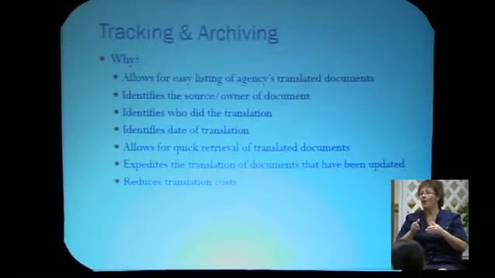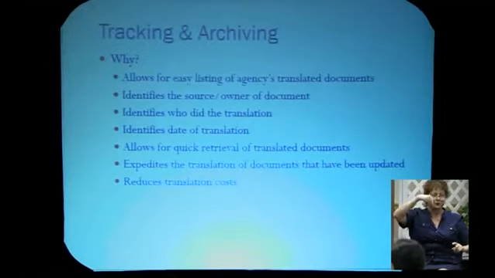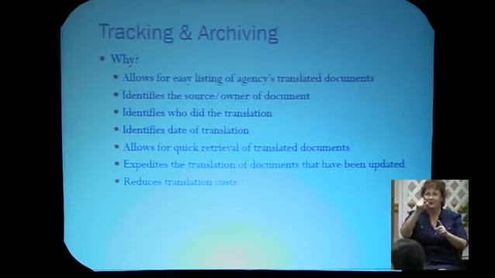You could also use this tool to identify who owns the document. Once again, some of these documents come from different colleagues of ours within the same agency, or the office down the street, or the office upstairs or downstairs. So you could always go back to them and see whether they have updates, whether or not there are other documents coming your way for translation or that should be translated.